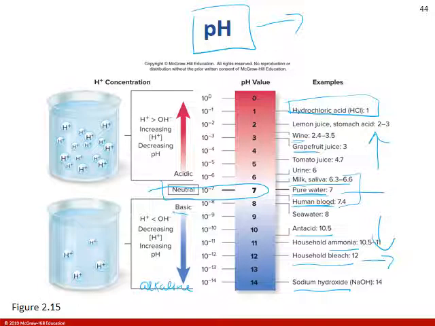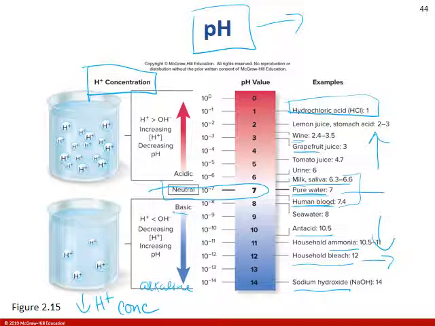So what does it mean if you're an acid? If you're an acid, you have a higher hydrogen ion concentration. What happens if you're a base? You have a lower hydrogen ion concentration. So think for a second.